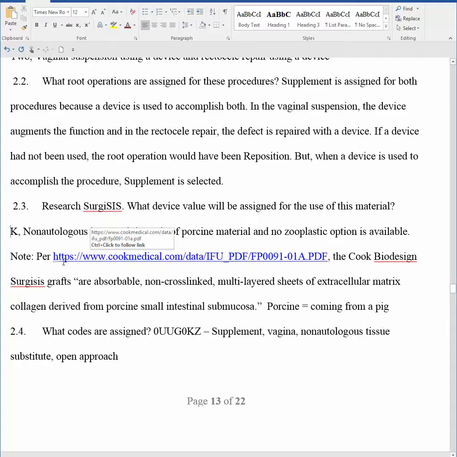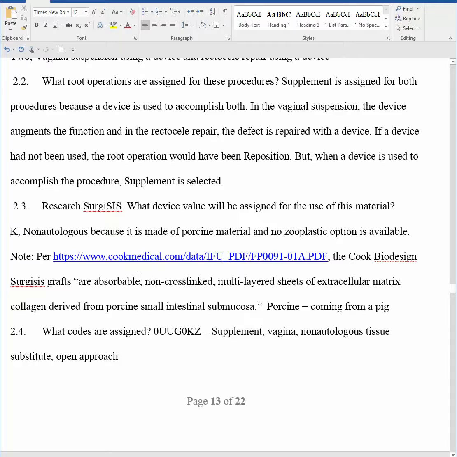If you go to this website or you found another website, this is from the manufacturer of this graft material. It says it's a biodesign, which are absorbable multi-layer sheets of extracellular matrix collagen derived from porcine small intestinal submucosa.